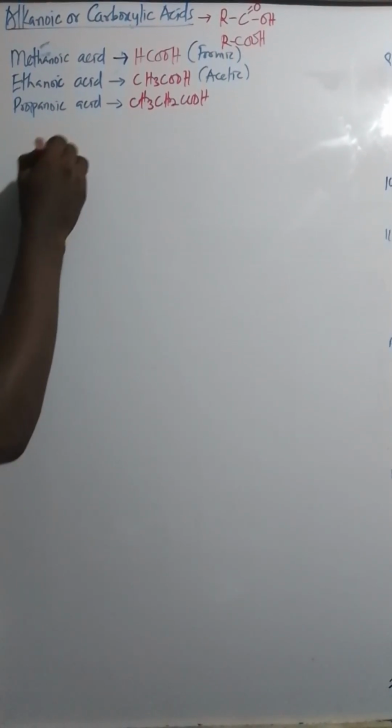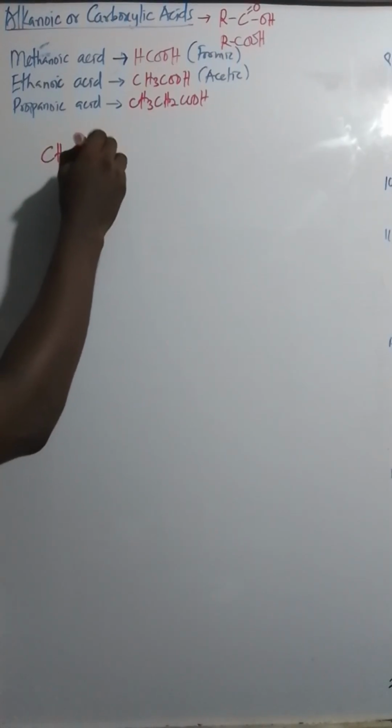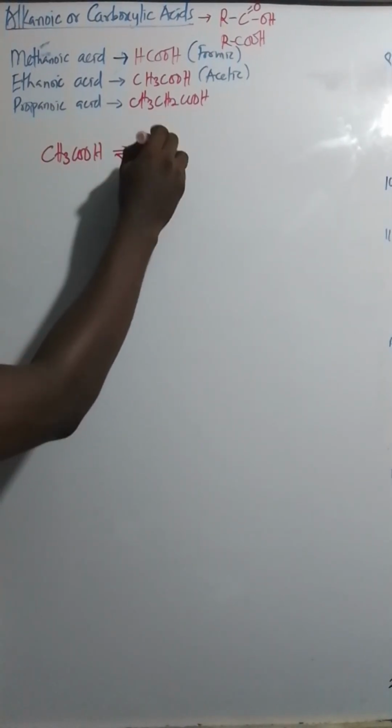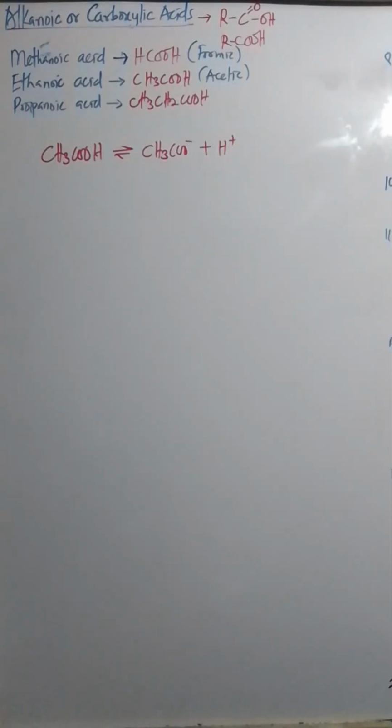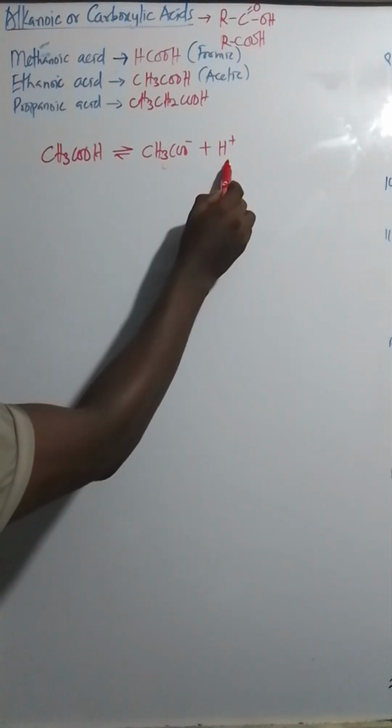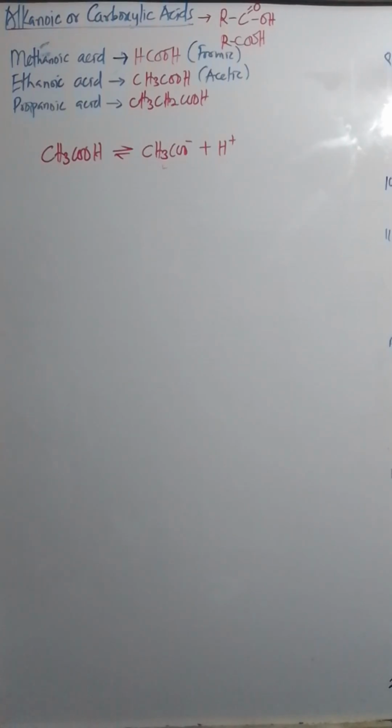For example, ethanoic acid can dissociate to give CH3COO minus plus H plus. So it means it is a polar molecule. Because it's polar, there's going to be a dipole bond between their molecules, and that is why they have higher boiling points compared to the size of their molecules, because of their dipole.